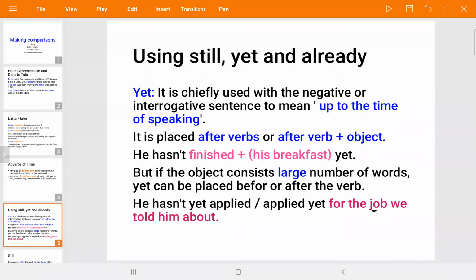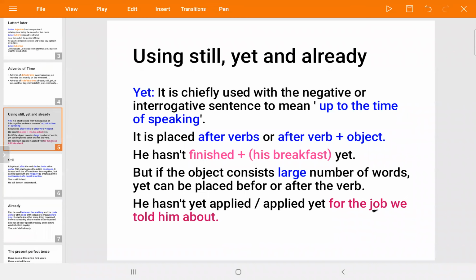In this situation we use yet after the verb, and that is the position of yet. Here we have still.